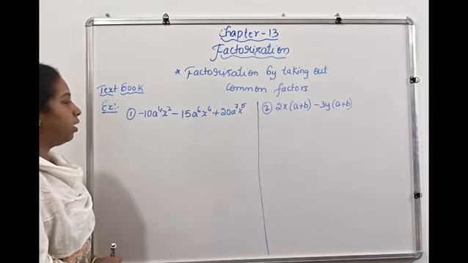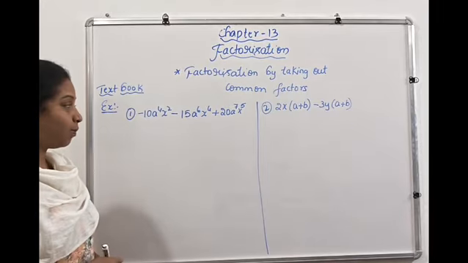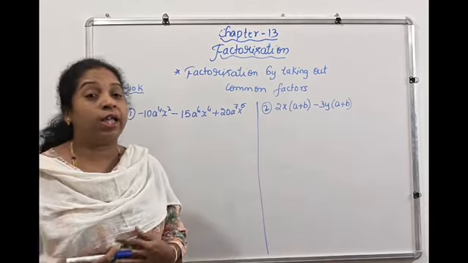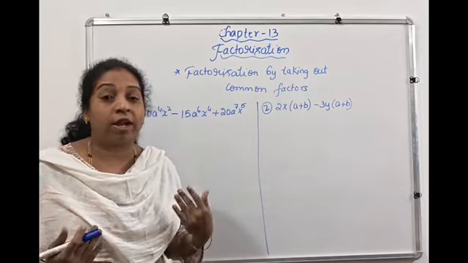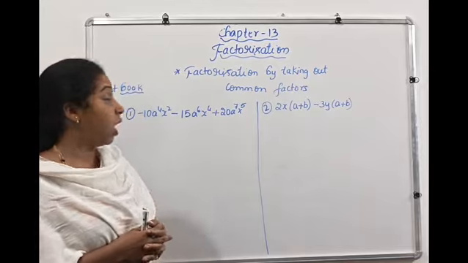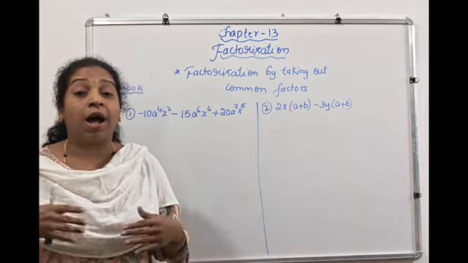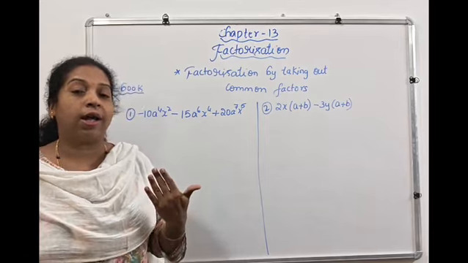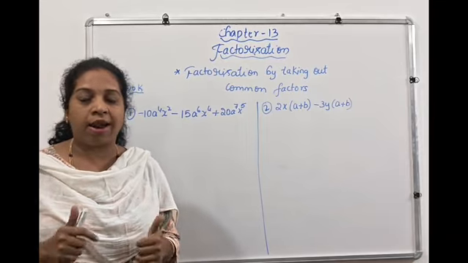So here one more thing I want to explain. Till here I explained how to take a common factor by my own method. Now in just two problems I will explain how the textbook explains taking common factors, right?